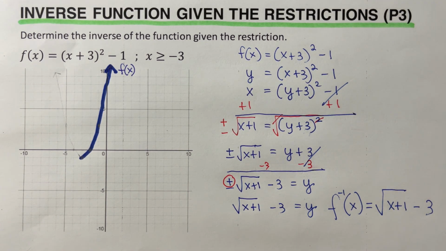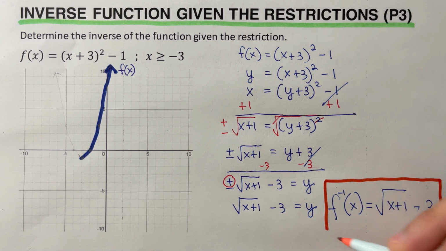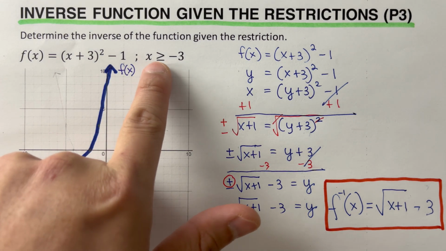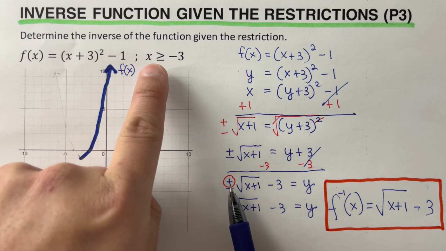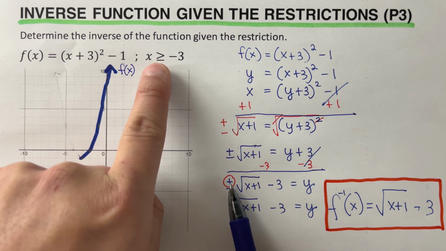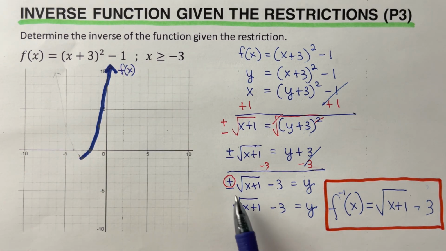This is the inverse of this function that we have right here. Now notice that the restriction that we have here is answered in our inverse as the positive solution, because again, that's greater than. If this was less than, then we would have picked the minus or the negative solution.